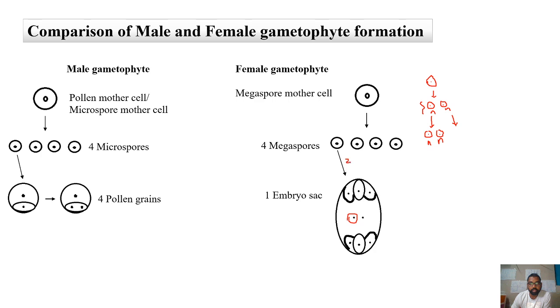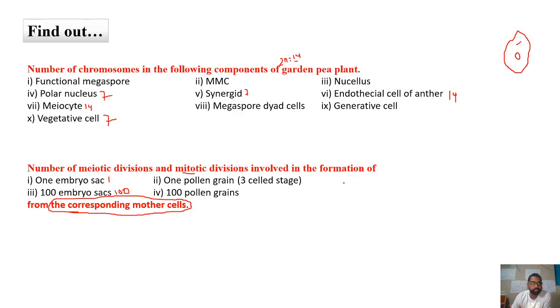Here a total of 3 rounds of mitosis are required for the formation of one embryo sac from one megaspore. So for the formation of 100 embryo sacs, 100 into 3, so 300 mitotic divisions are required.